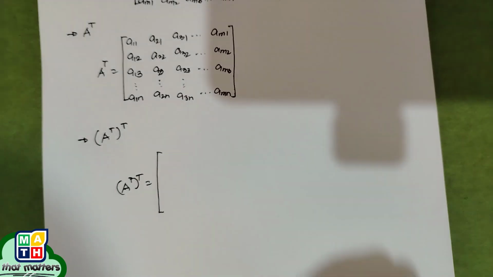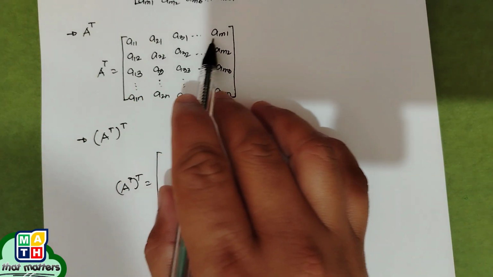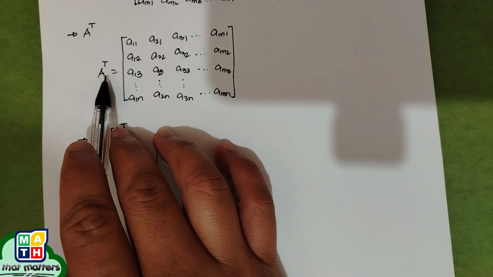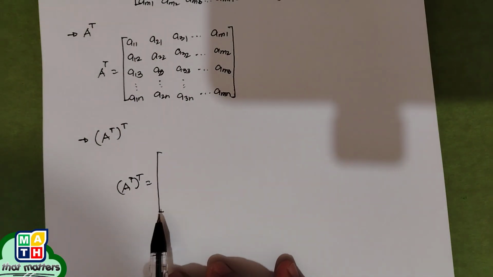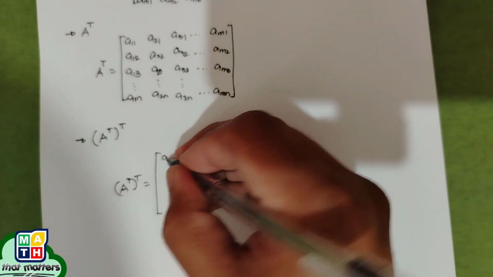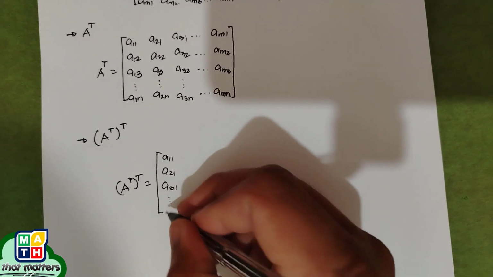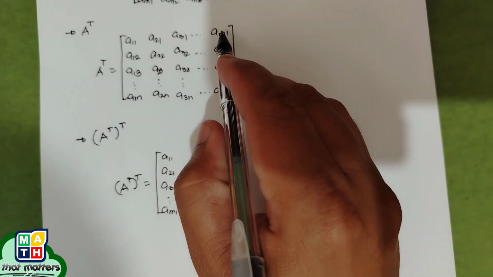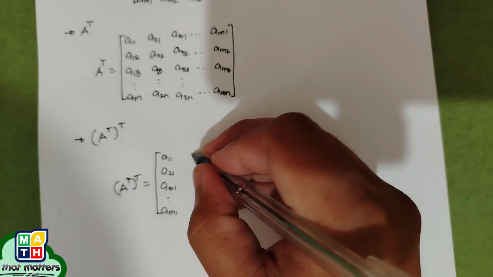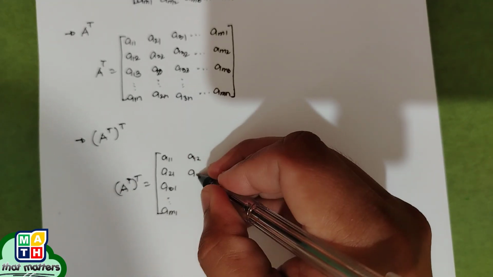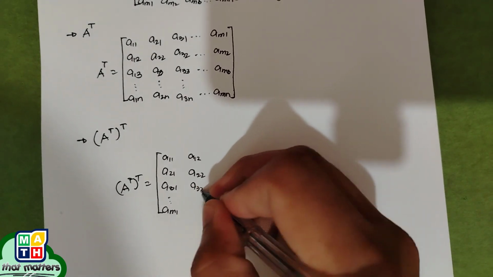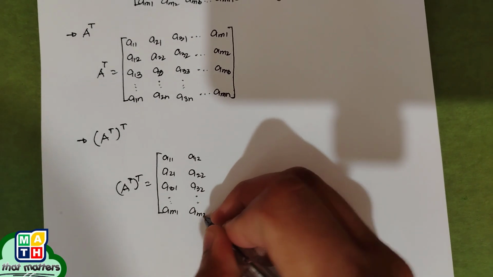Looking into the perspective, this row of the A transpose will become its column here. So we have A11, A21, A31, Am1. This row will become the second column: A12, A22, A32, Am2.